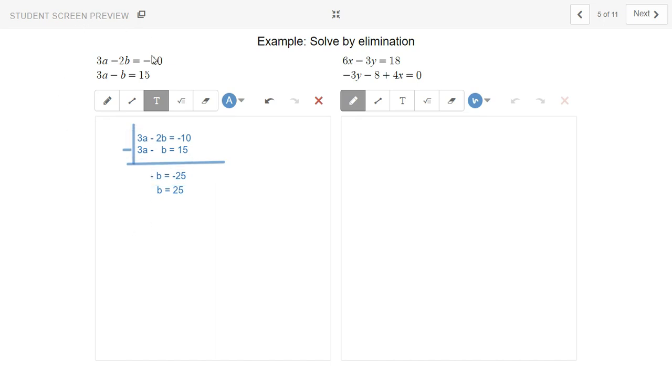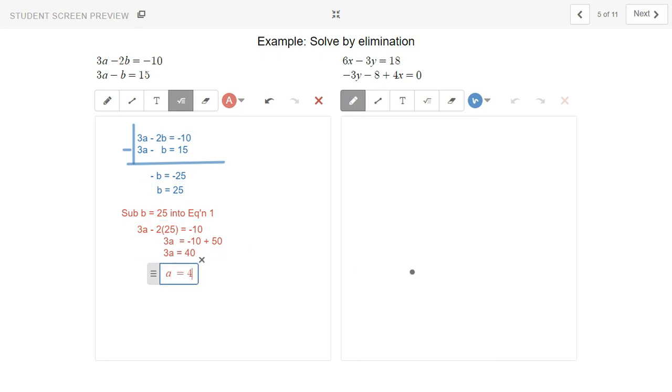Now let's substitute this back into one of the original equations. Sub b is equal to 25 into equation 1. So 3a minus 2 times 25 is equal to negative 10. 3a is equal to negative 10 plus 50. 3a is equal to positive 40, and we're going to have a fraction answer here.